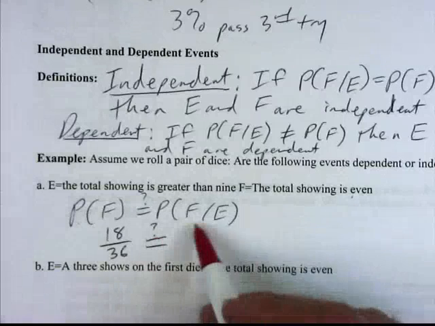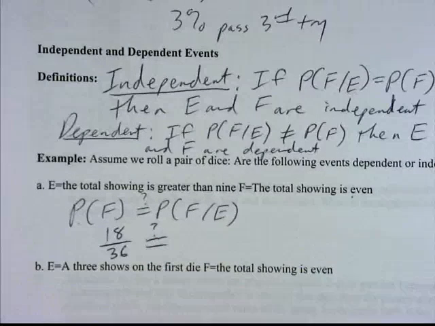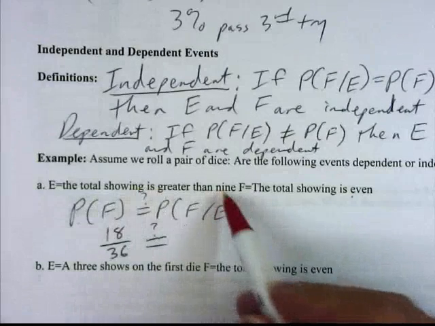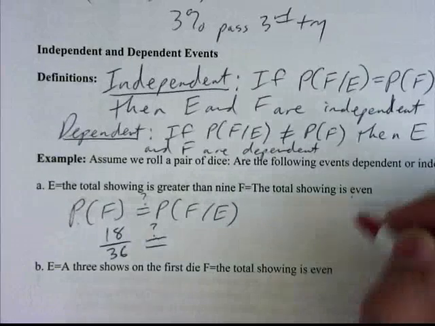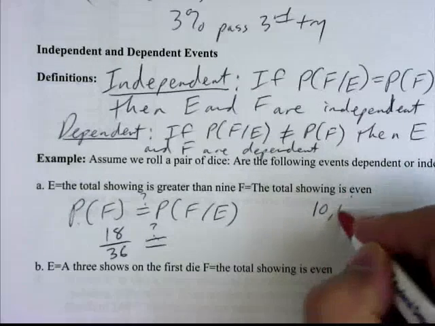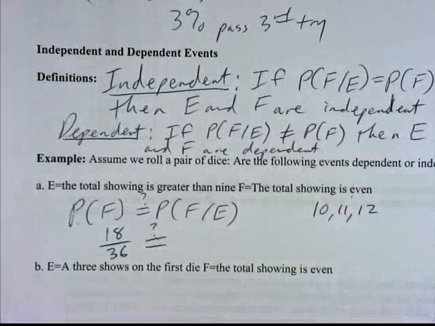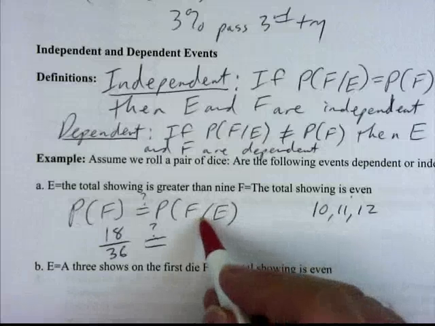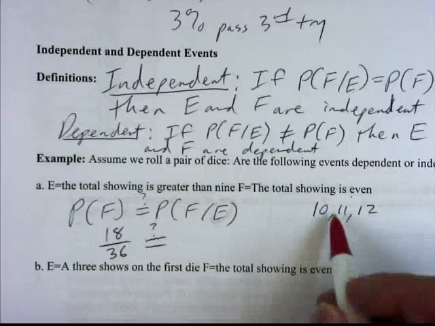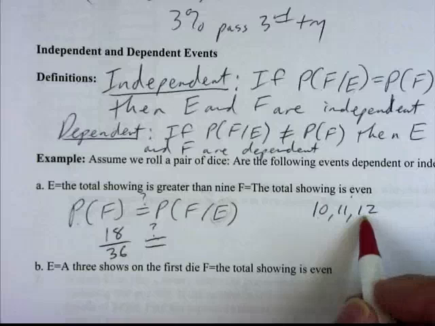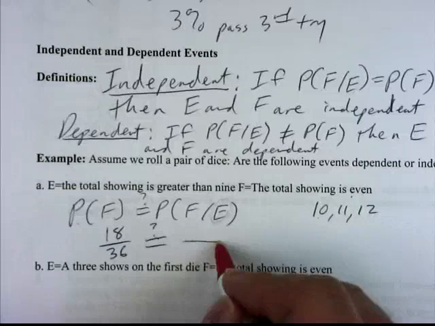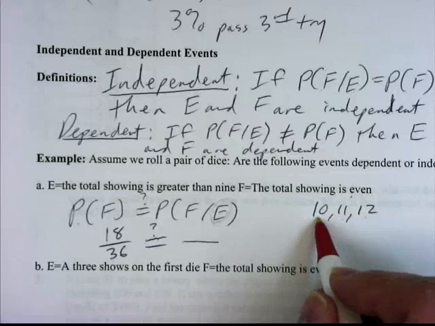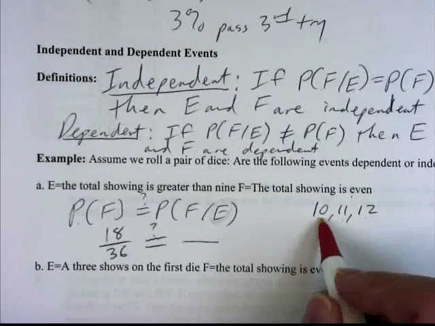Now I want to know if that's equal to the probability of F given E. So E is that the total showing is greater than 9, which means the only things I'm looking at are 10, 11, and 12. Remember, this conditional probability is going to cut down my sample space. There's one way to get a 12, two ways to get an 11, three ways to get a 10.